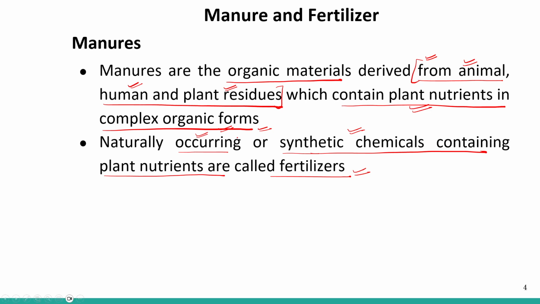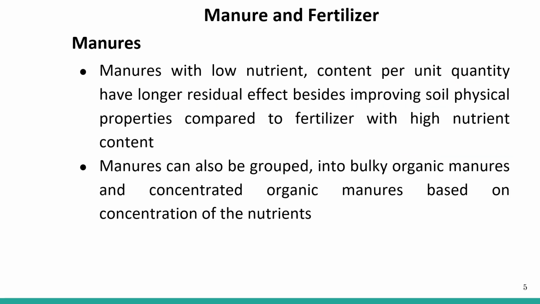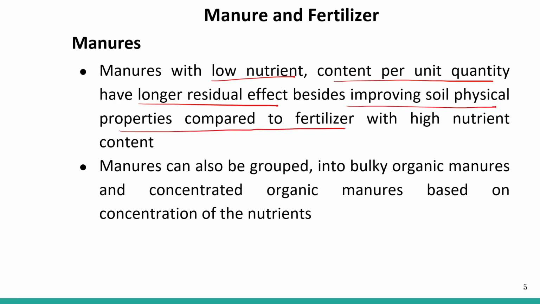Both are used to enhance soil quality so that we can have great productivity from our crop plants, from our agriculture. Manure with low nutrient content per unit quantity has a longer residual effect, besides improving the soil physical properties, compared to fertilizer with high nutrient content.